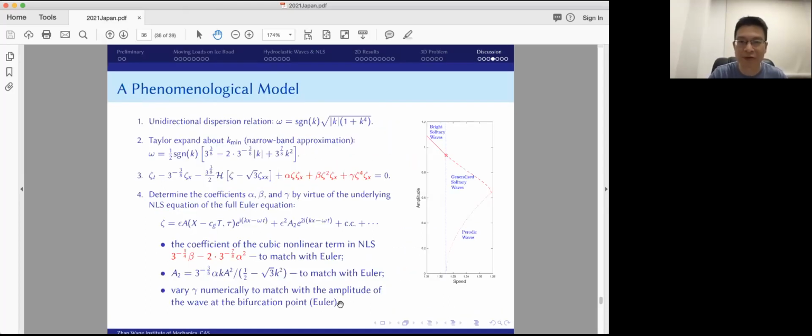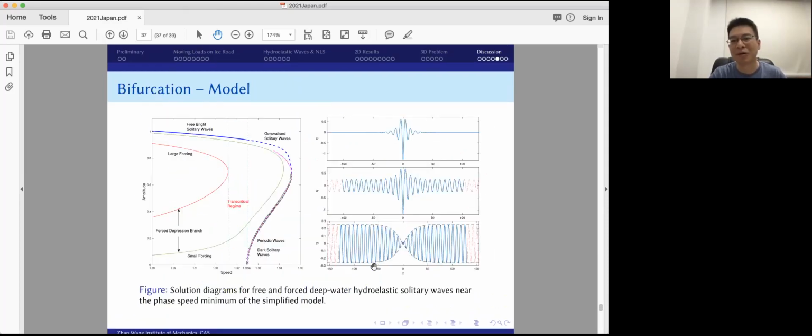I proposed a new model, which is a kind of wooden equation, and I add some complicated nonlinearity, and then I can find all the bright solitary waves, generalized solitary waves, dark solitary waves, and the periodic waves using this reduced, ad hoc model.